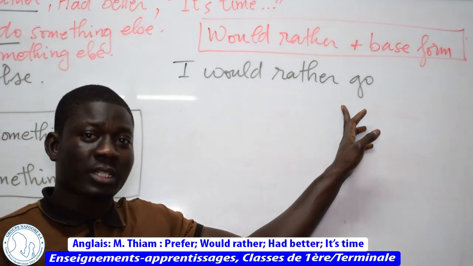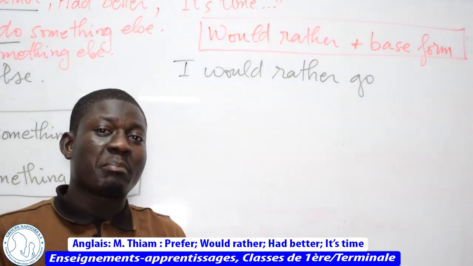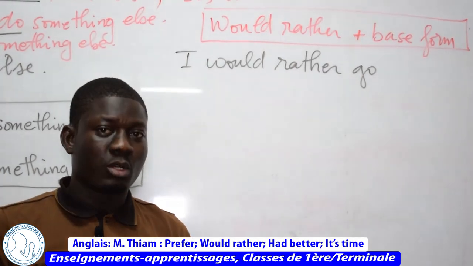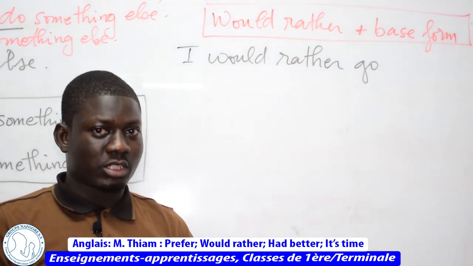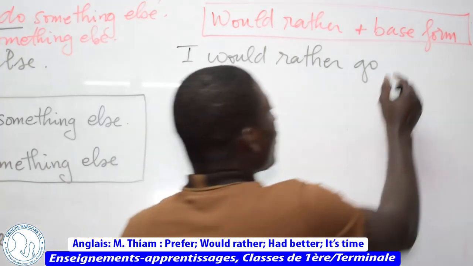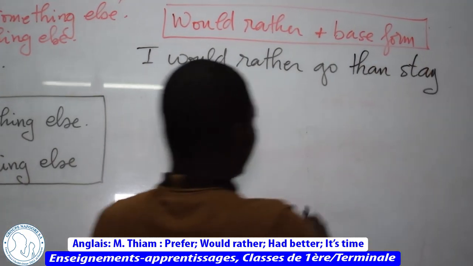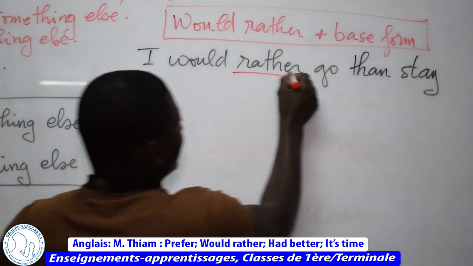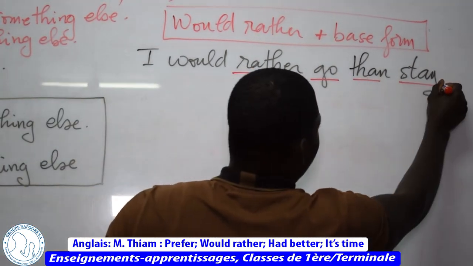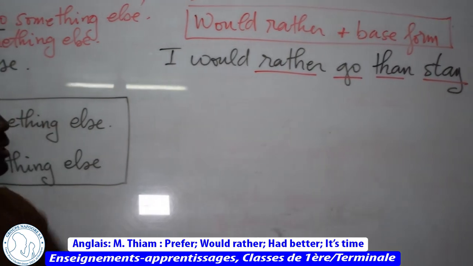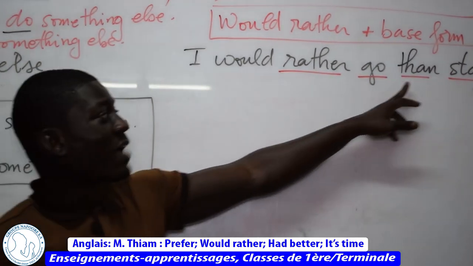Okay? You are expressing something you would like to do in a particular situation, in special situations. All right? I would rather go than stay. Understand that? Look, after would rather, you will be having than.